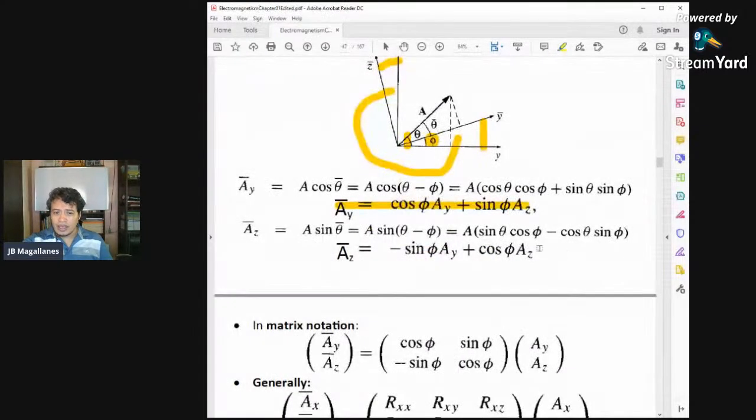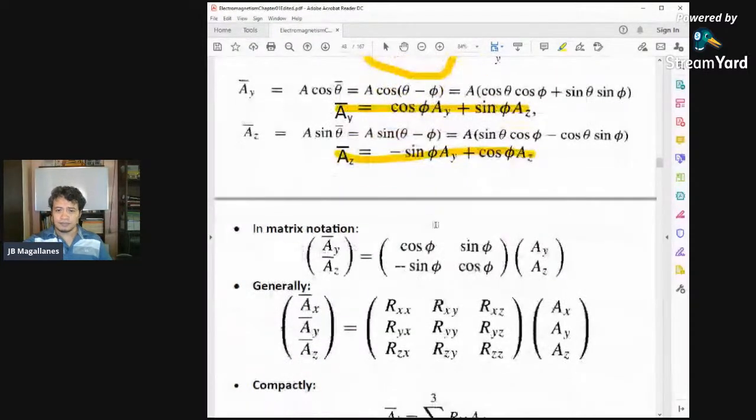And then for AZ, AZ bar would be A sine theta bar. So with A sine of theta minus phi, you finally get this expression for AZ.